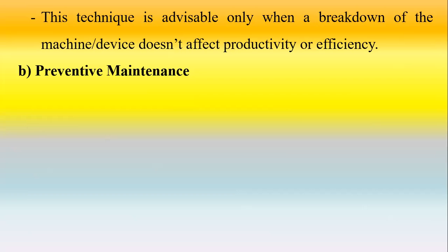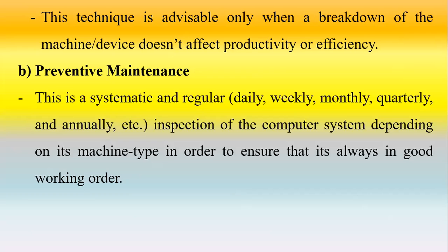Number 2 is preventive maintenance. This is a systematic and regular, daily, weekly, monthly, quarterly, or annual inspection of the computer system depending on its machine type in order to ensure that it is always in good working order.